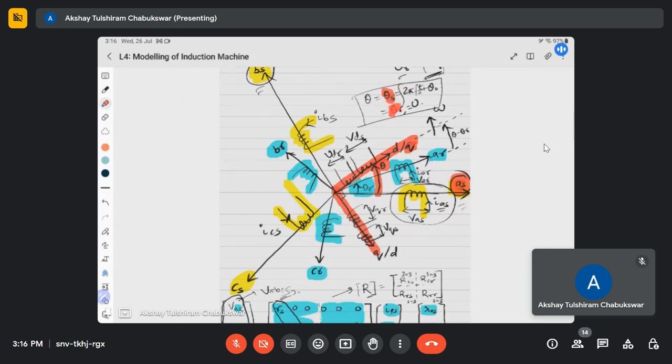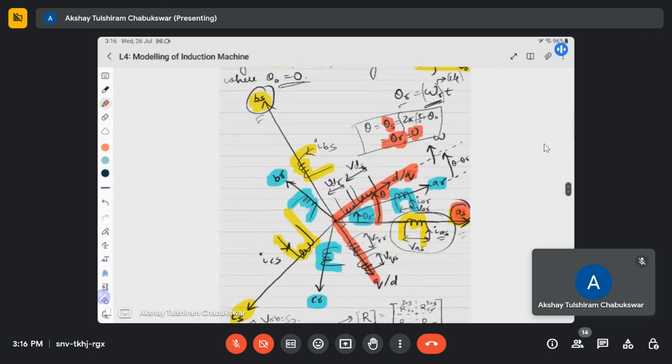If theta is theta r, it is called the rotor rotating DQ reference frame. And if theta is 0, it is called the stationary DQ reference frame. If theta is 0, then that DQ reference frame is also called the alpha beta reference frame. And if theta equals theta r, the transformation from ABC to that DQ and that DQ to ABC is called the Park transformation.